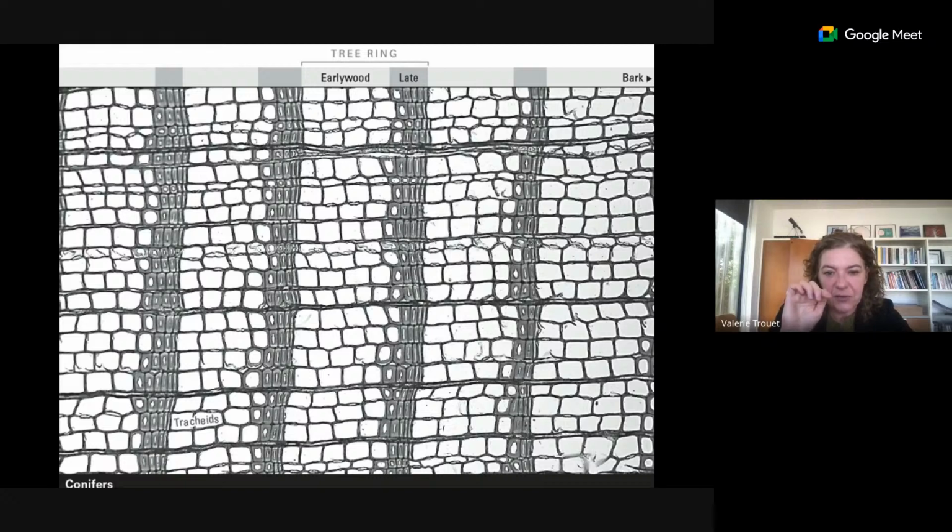So what you're seeing here is a microscopic image, and I don't know if you can see, but what we did is we measured the thickness of the cell walls of the latewood, the wood that's formed in summer, from year to year, right? Some years it's thicker than other years, and that is determined to a large extent by summer temperature.